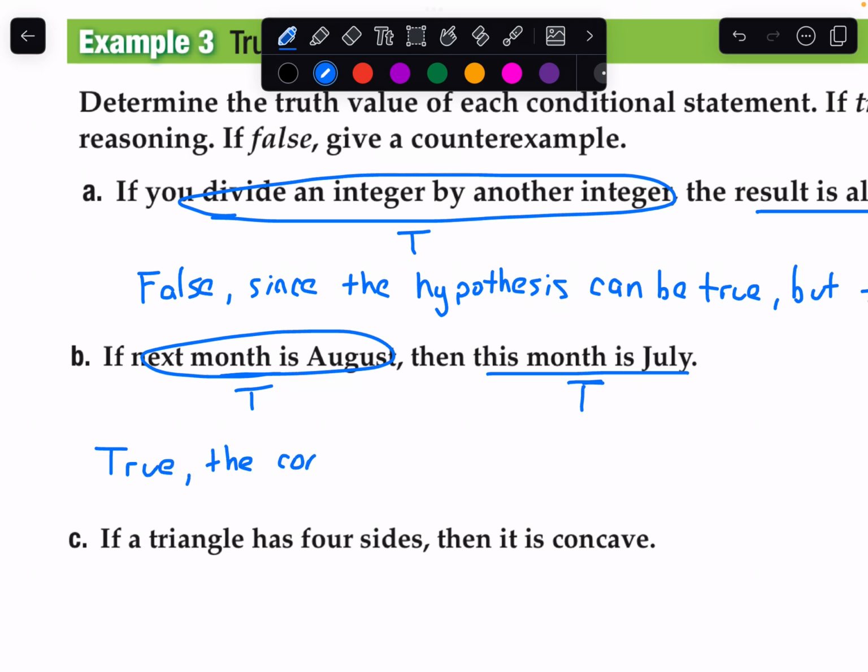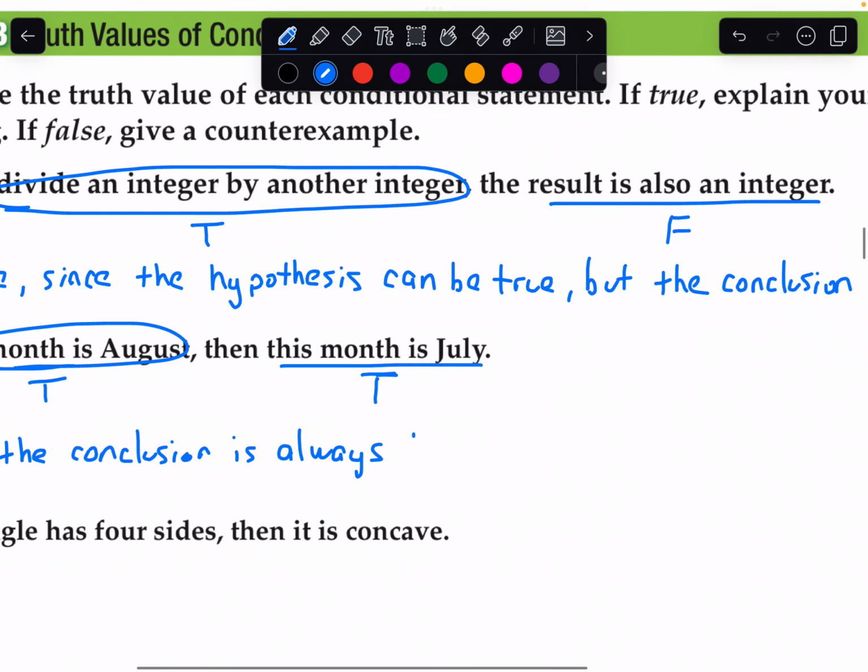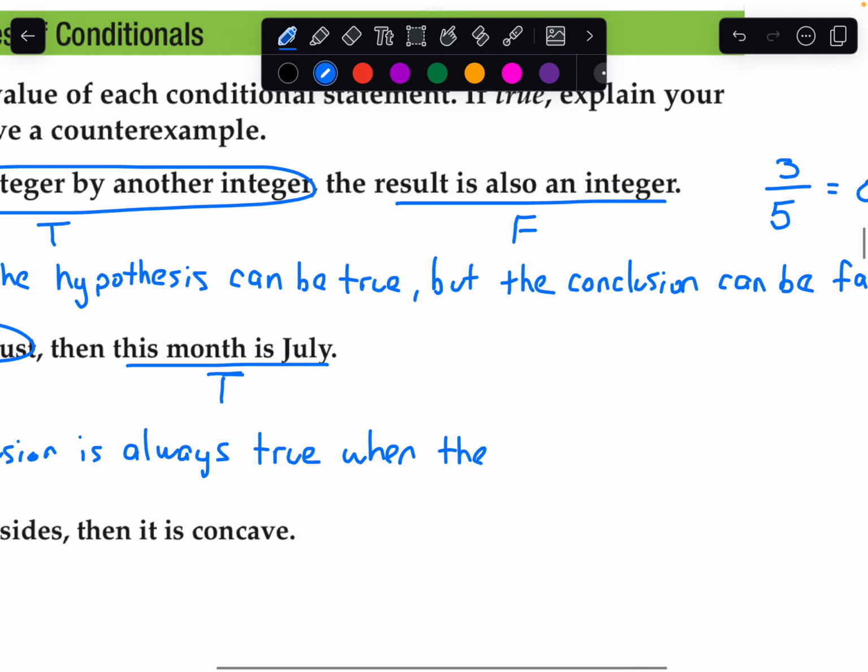The conclusion is always true when the hypothesis is true.